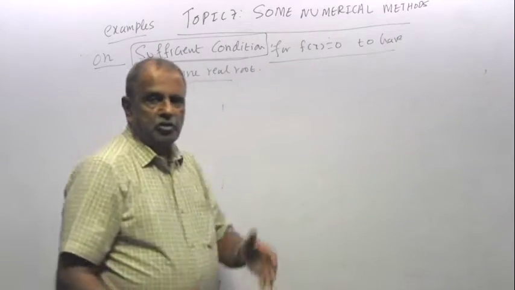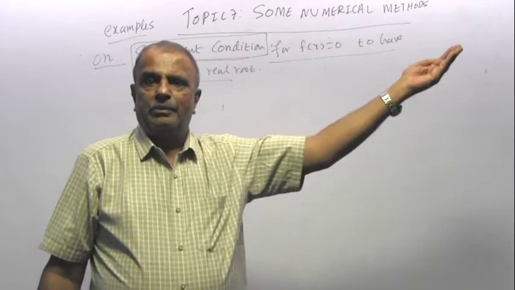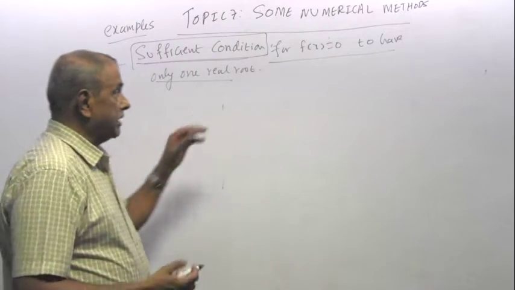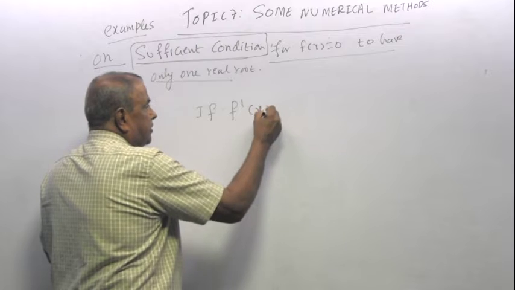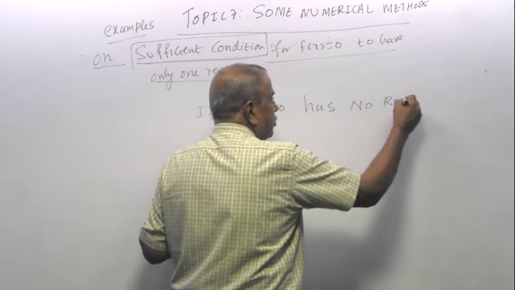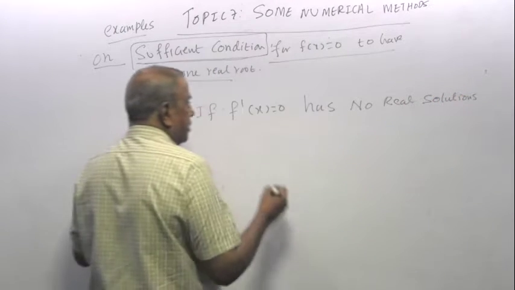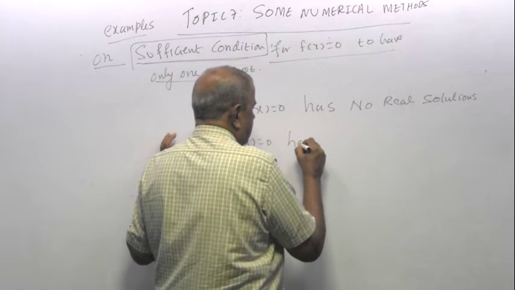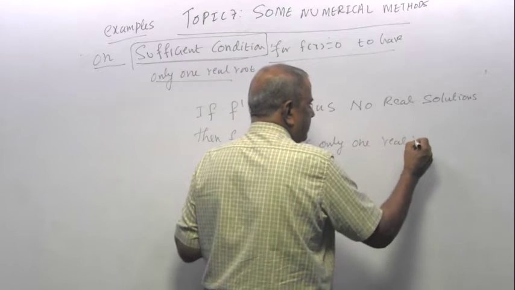The other way would be to split the equation into a straight line and a curve, and show that there's only one point of intersection graphically. Could do it that way as well, but this could be easier. So in other words, if f dash of x equal to 0 has no real solutions, meaning no stationary point, then f of x equal to 0 has only one real root.